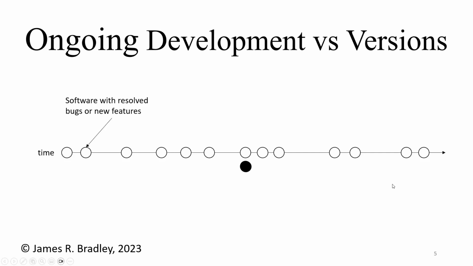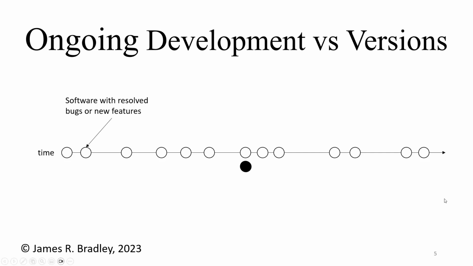Each one of these circles that is not filled in represents a point in time where a software package or an analytics project has been developed. At each of these points, perhaps some bugs have been resolved, or new features have been added, or the program has been made more general.